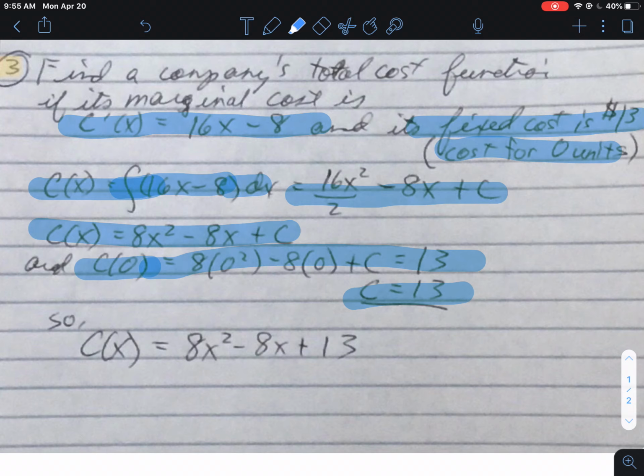That would not necessarily be true if it's not a polynomial. So don't fall into the trap of thinking it's just going to be a matter of adding that constant to it. It depends on the type of function. But in this case, that gives us a cost function of 8x squared minus 8x plus 13. That is section 4.1.